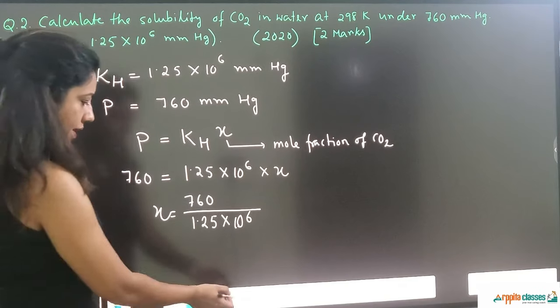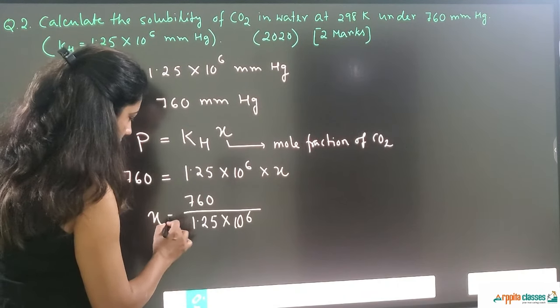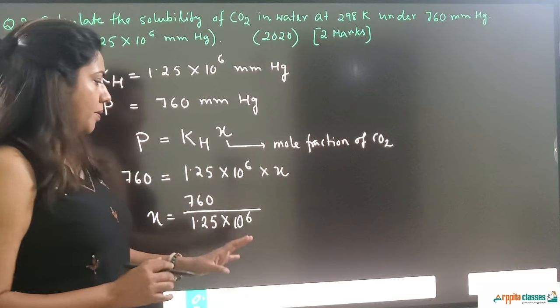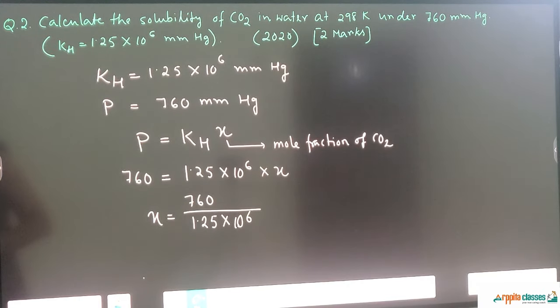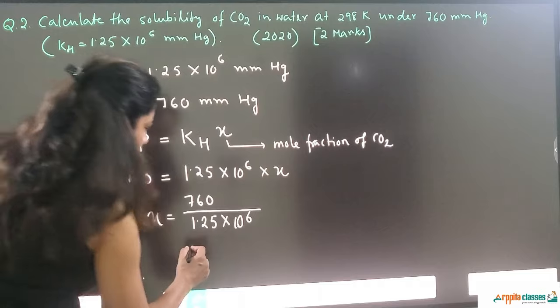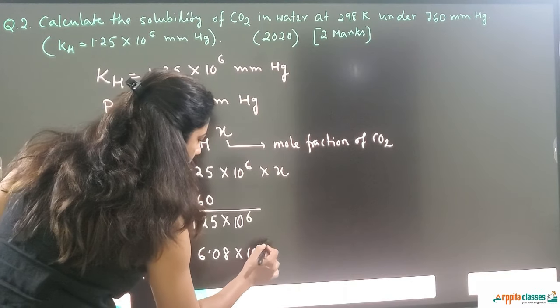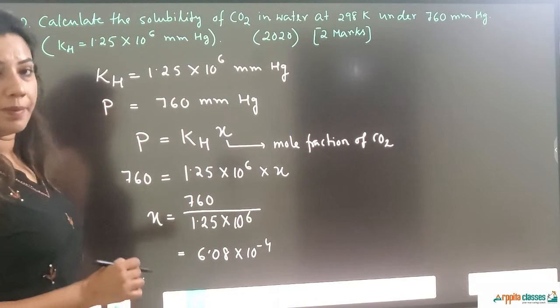I will not calculate it; I have the calculation with me, and calculation will be hectic, so I'll just write down the value. So X is equal to 6.08 into 10 to the power minus 4. This is the value of X, that is the mole fraction of carbon dioxide.